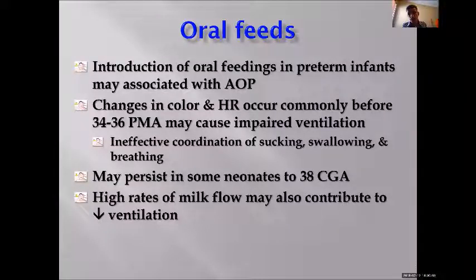And this disturbance of the baseline respiratory and cardiac vital signs can continue up to 38 weeks corrected gestational age.